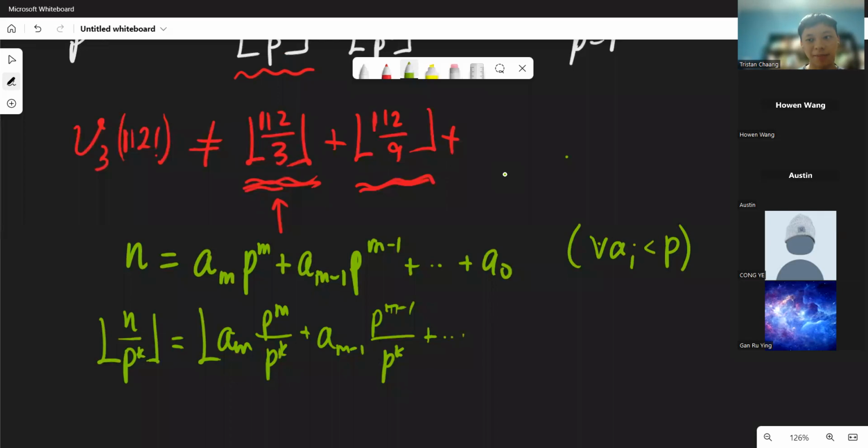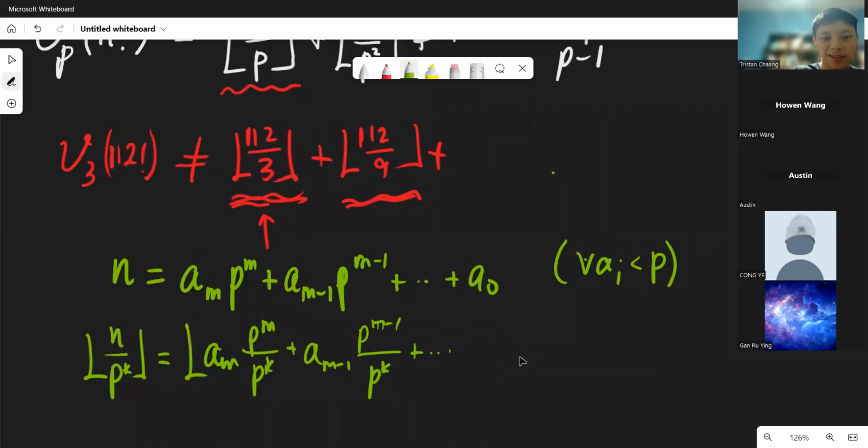Why? Because this number n must be at most p to the m plus 1, right? If you can see, if you take every single term here as p minus 1, it will be p to the m plus 1. But anyway, let's say at some point we touch the k-th power term.